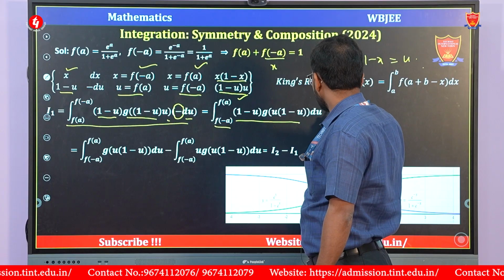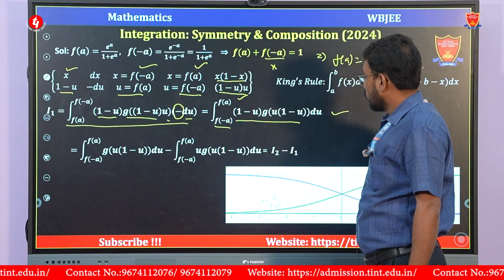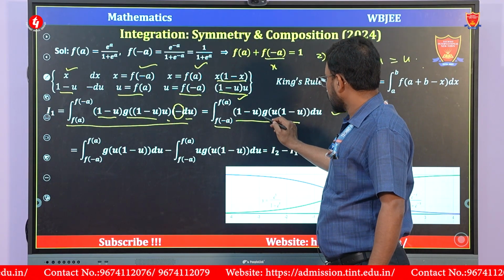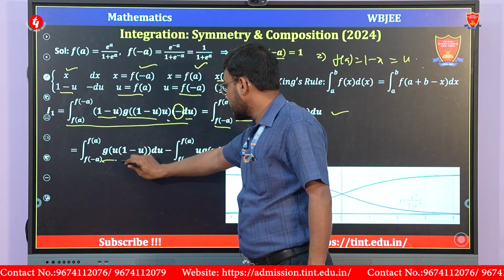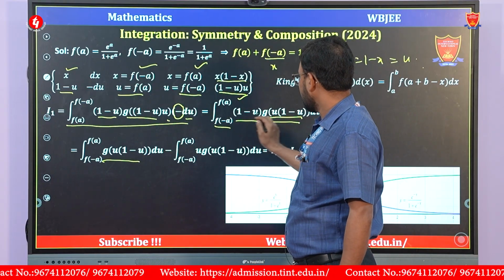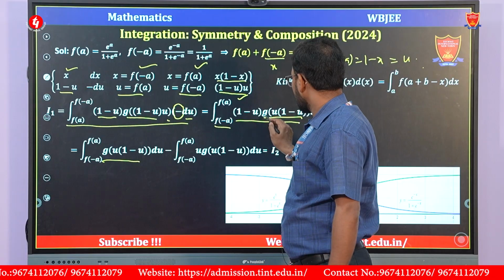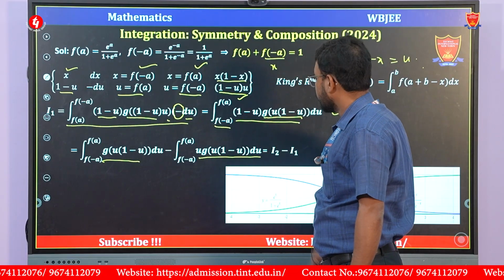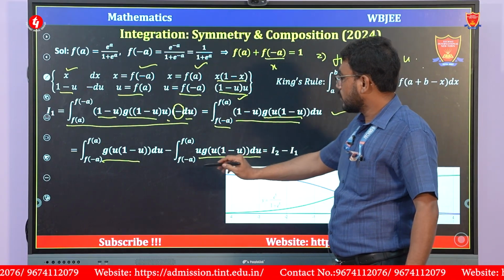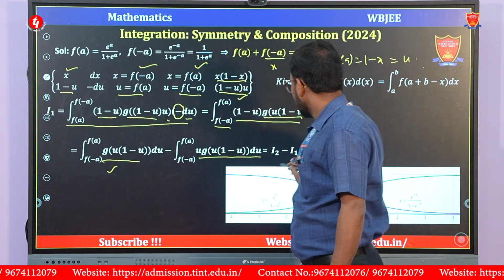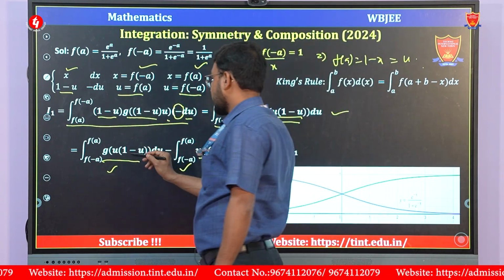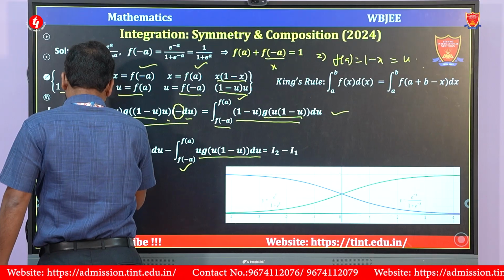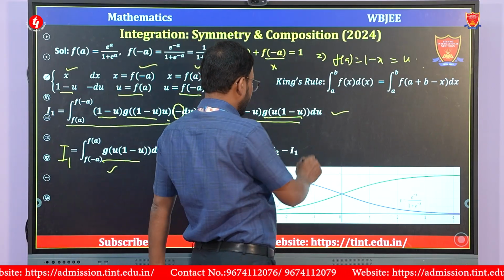Next, just multiply this function. So, first one is g of u into 1 minus u minus the integration of u into this one. So, this is your I2 and this is your I1.